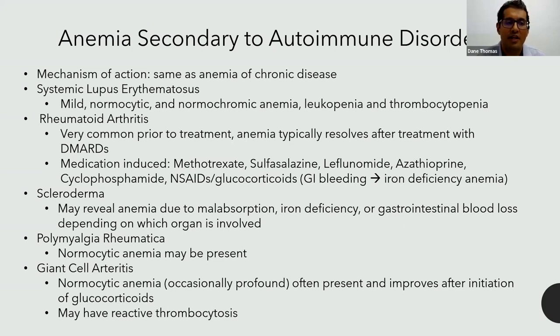Scleroderma may reveal anemia due to malabsorption, iron deficiency, or gastrointestinal blood loss, depending on which organ is involved. Polymyalgia rheumatica can cause normocytic anemia, and giant cell arteritis can cause normocytic anemia, usually profound, which improves after the initiation of glucocorticoids. These patients may also have a reactive thrombocytosis.